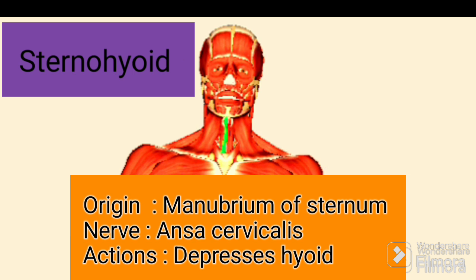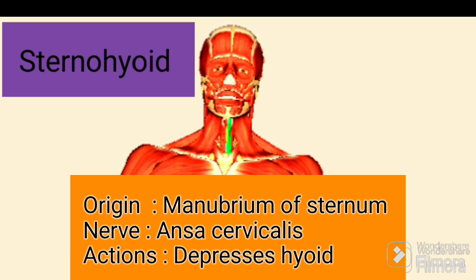The next one is sternohyoid. The sternohyoid muscle is located within the superficial plane. Its attachment: it originates from the sternum and sternoclavicular joint. It ascends to insert onto the hyoid bone. Its function: it depresses the hyoid bone.